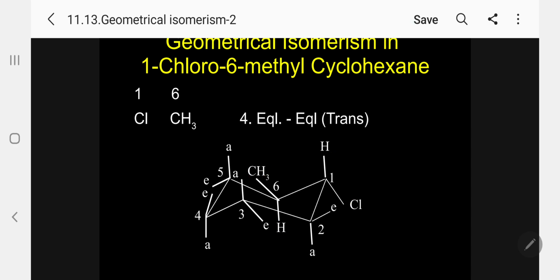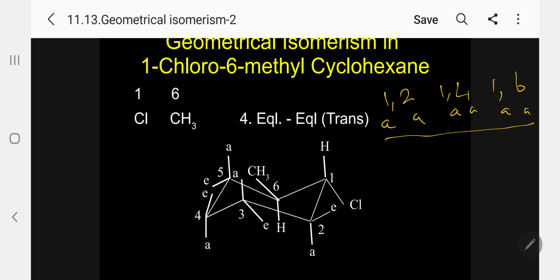So if you write 1, 2, 1, 4, 1, 6, everything is in identical form. What way can I write here? Just see here: 1, 2, 1, 4, 1, 6. Let me say this way: axial means all are trans isomer.